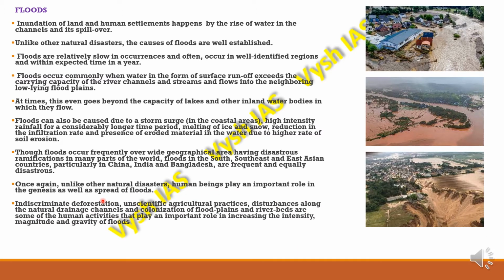It can be through indiscriminate deforestation, unscientific agricultural practices, disturbances along the natural drainage channels, high population and colonization of floodplains and riverbeds. These are some of the human activities that increase the intensity, magnitude and gravity of floods.